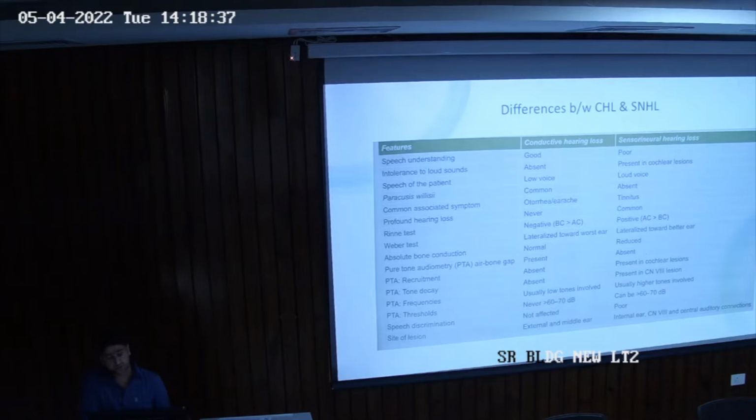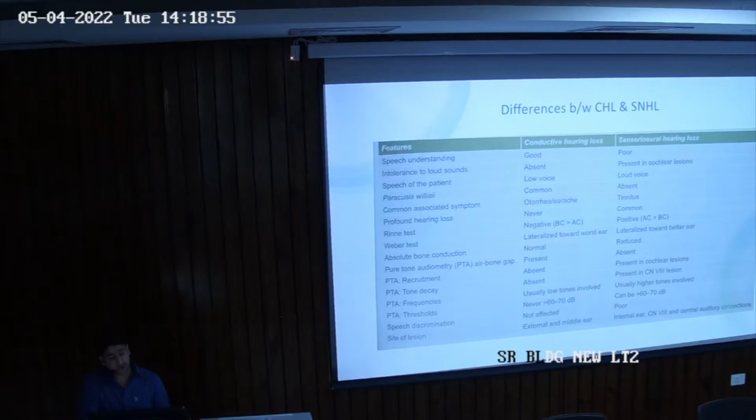In pure tone audiometry, air-bone gap is present in conductive and it is absent in SN loss because there is no deficit in the conduction of sound wave to the oval window.